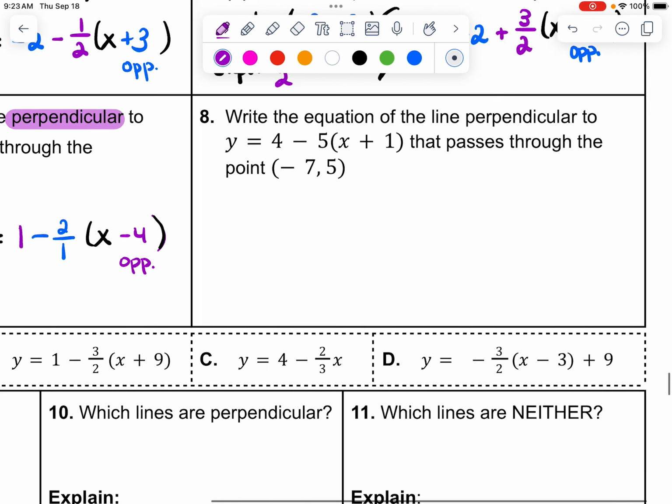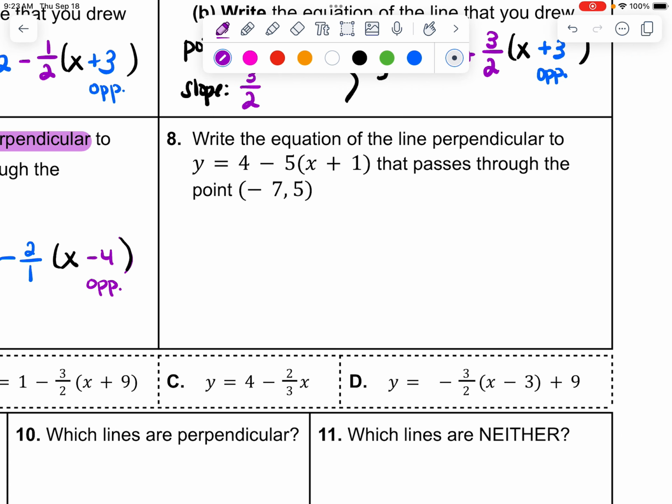Let's try that one more time. If I ask you to write the equation of the line that is perpendicular to this one and goes through this new starting point, anytime you need to write the equation, you're going to need a point and you're going to need a slope. The point is the one I already gave you, -7, 5.